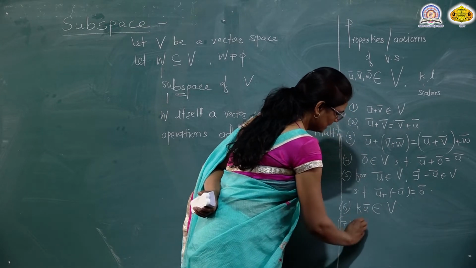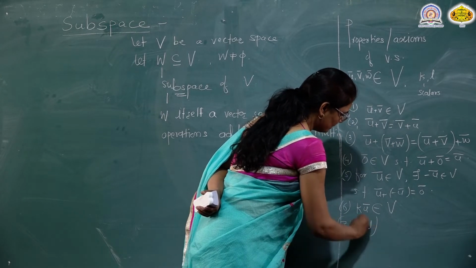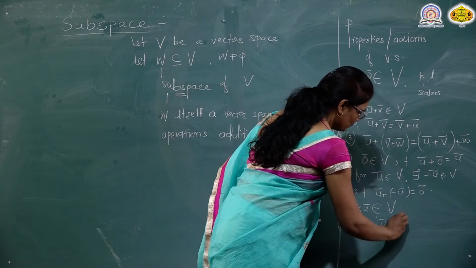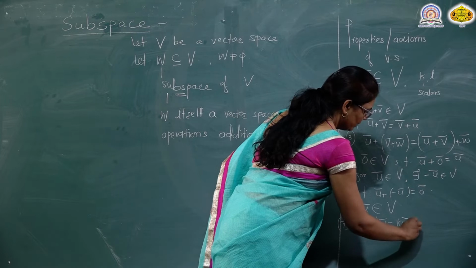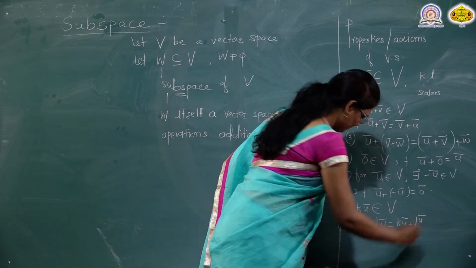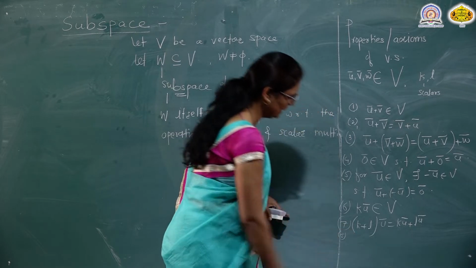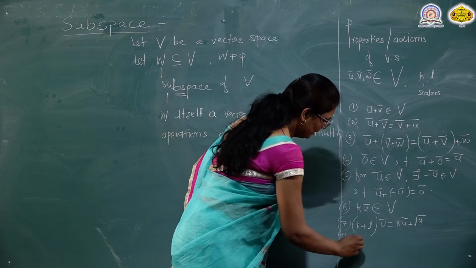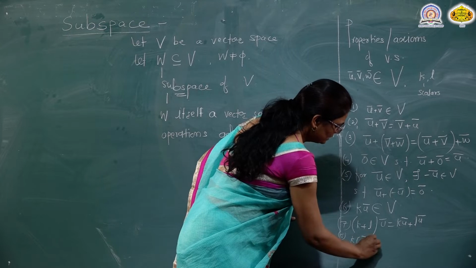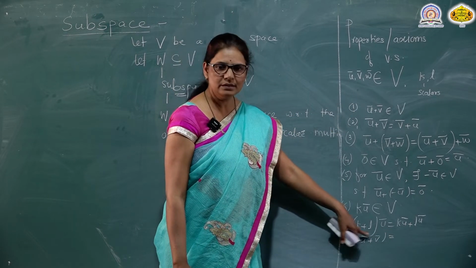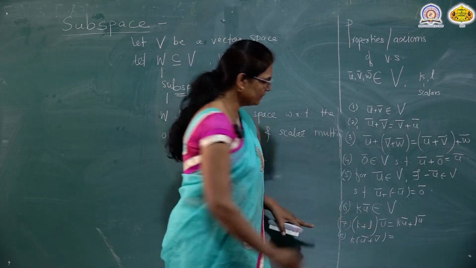The 7th property: (k plus L) times u bar is equal to k times u bar plus L times u bar, where k and L are both scalars. The 8th property is k times (u bar plus v bar) can be written as k times u bar plus k times v bar.